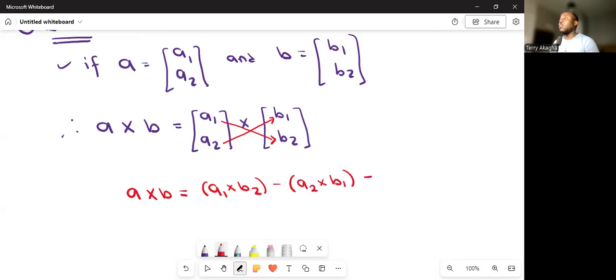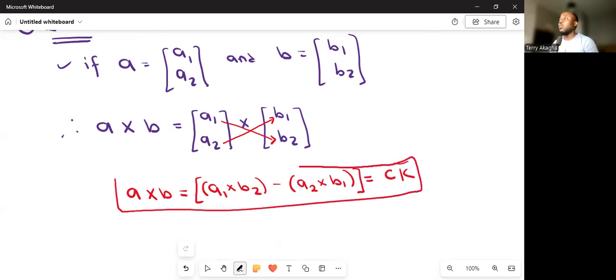And this is going to give you an answer, maybe CK, all right? And this is how you write, find the vector product.